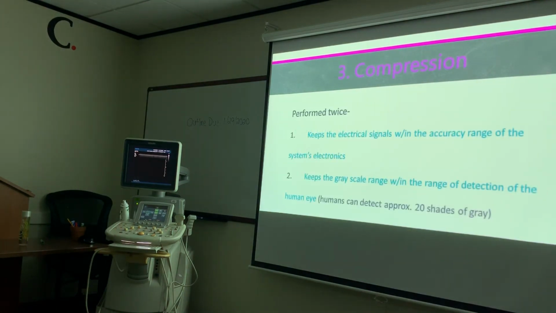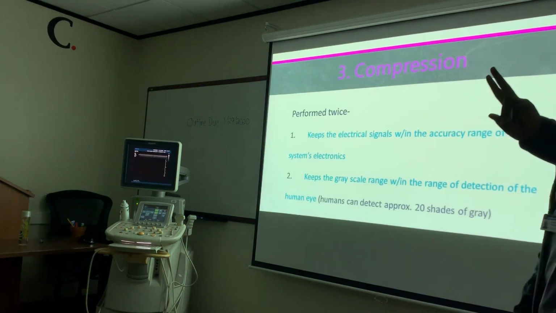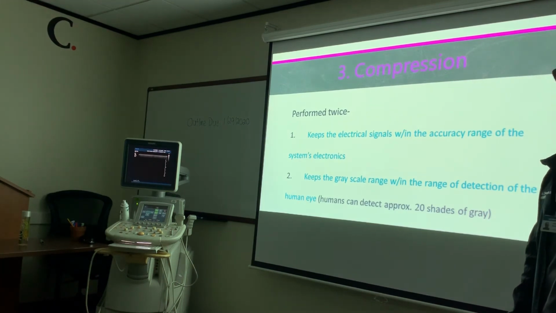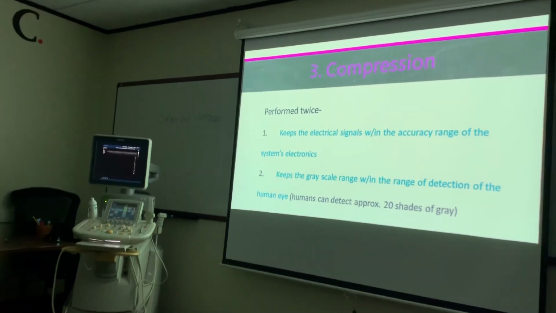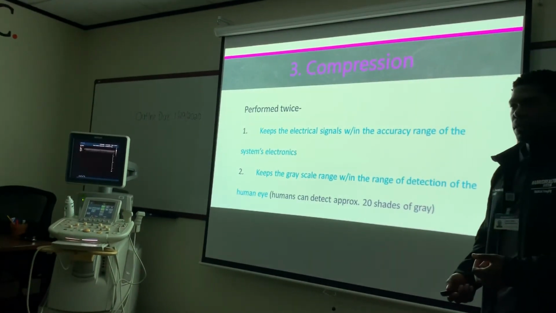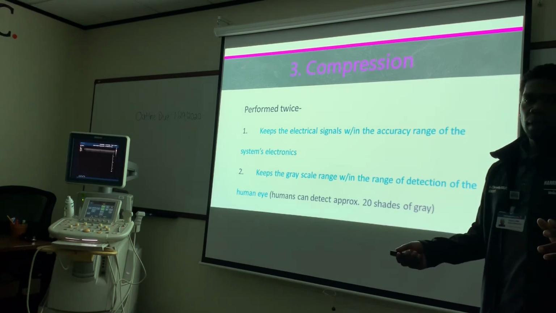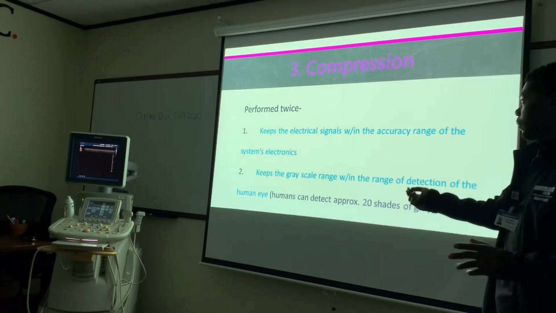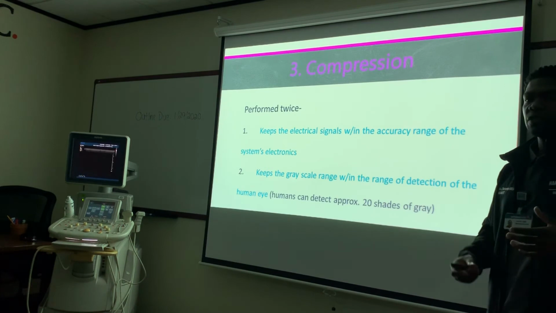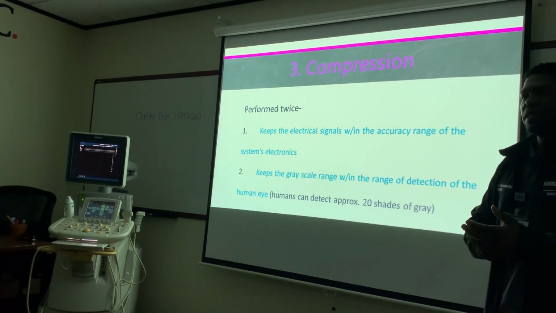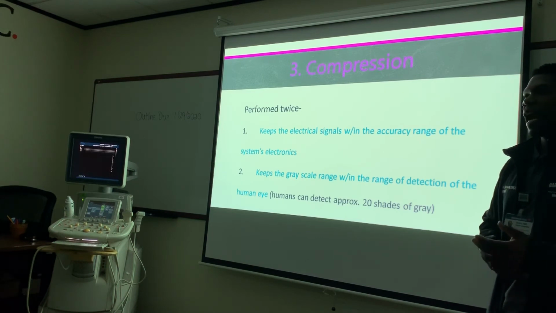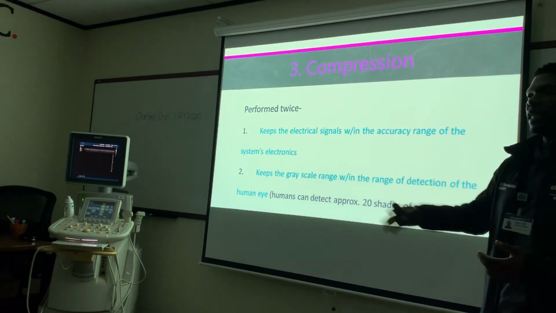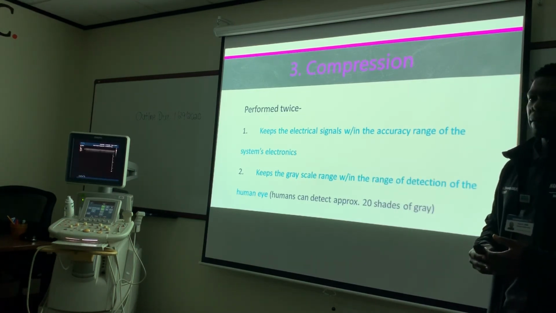Compression is performed two times. The first time is to keep the electrical signals within the accuracy range of the system electronics. Simple as that. The signals are going to come back at differing strengths, so sometimes those strengths will be out of the range of what the machine can display.